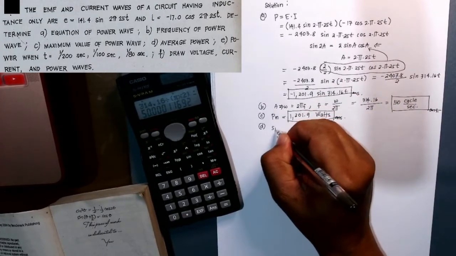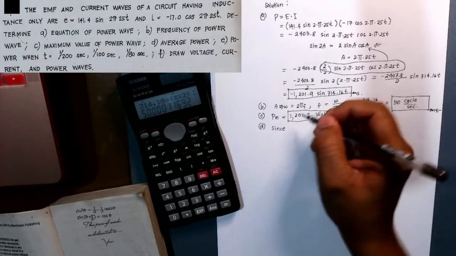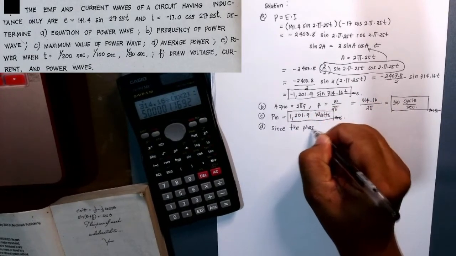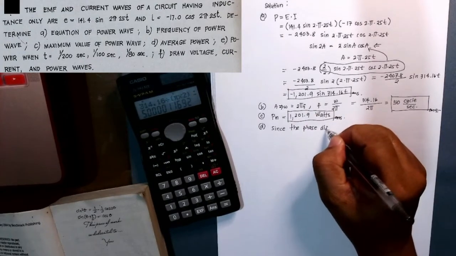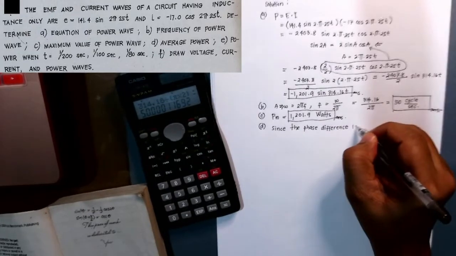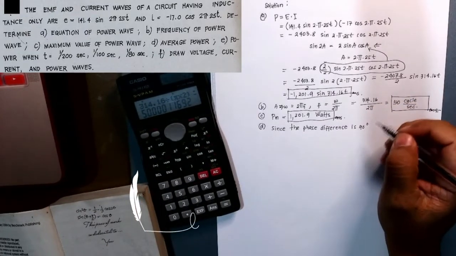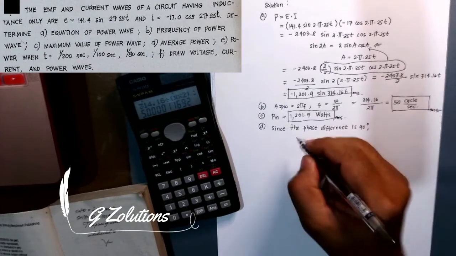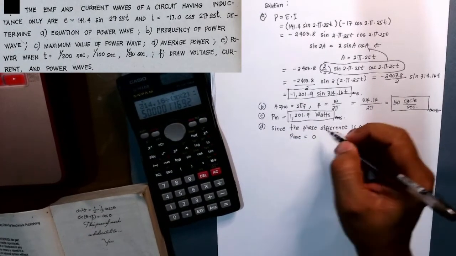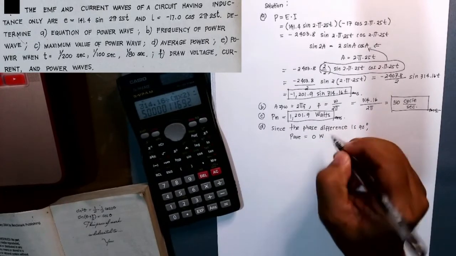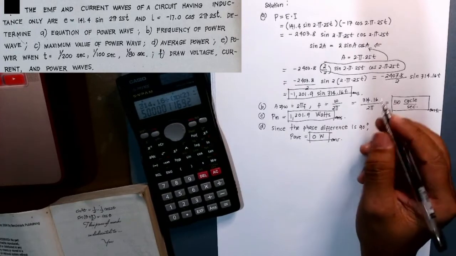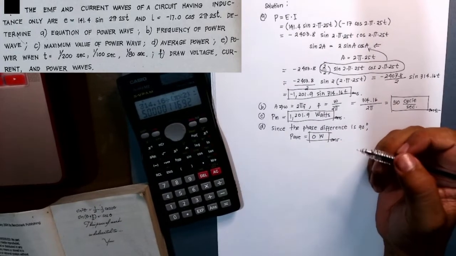Since the phase difference is 90 degrees, we can right away conclude that the average power is equal to 0 watts. Okay, so that's it. This will be your answer. So that is for letter D.